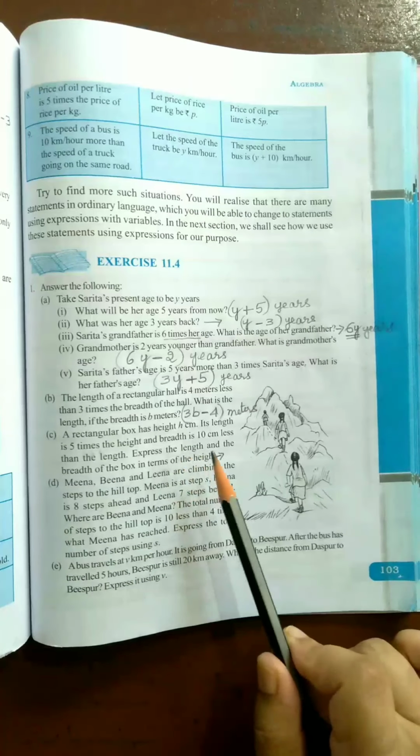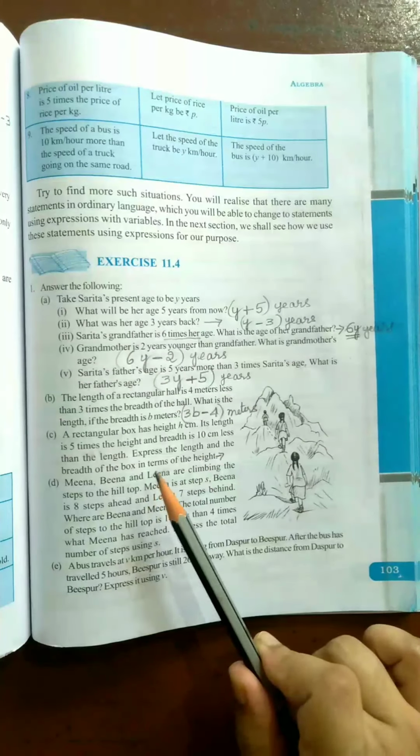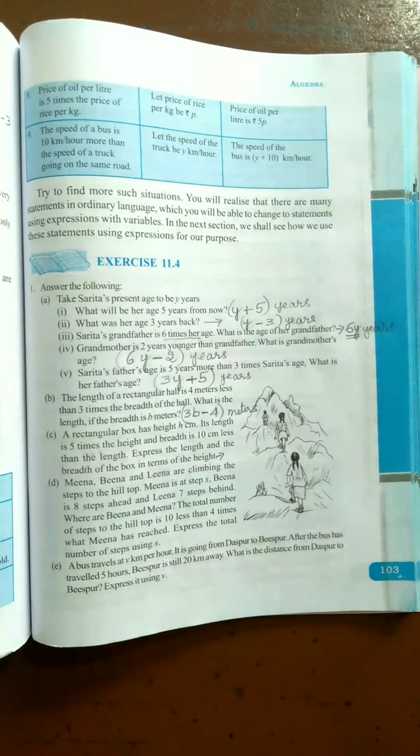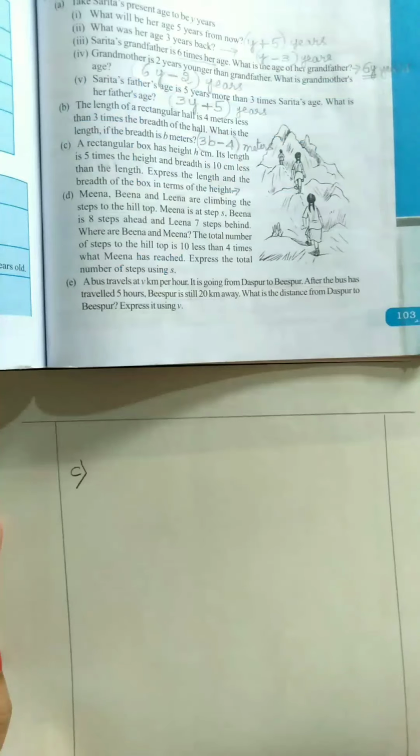Now, we need to express the length and the breadth of the box in terms of the height. So, to solve this problem, children, we know a rectangular box has height equal to h centimeter. Therefore, let h centimeter be the height of the rectangular box.